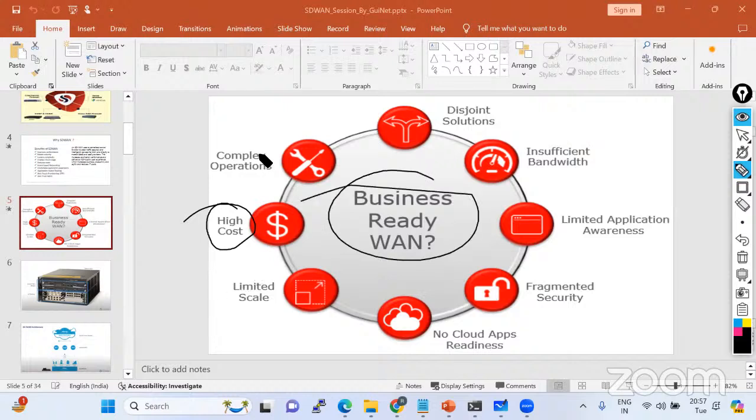The second is complexity, definitely a complex operation. Then rigidity, with limited flexibility to adapt to new applications and traffic patterns. Why rigidity? Because we have traditional designs and traditional hardware, which have their own limitations.